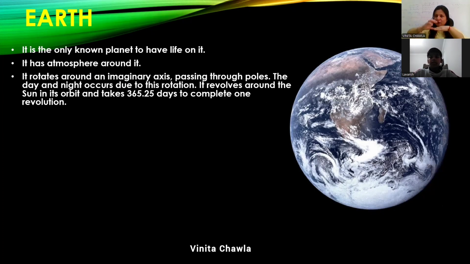And earth rotates about that axis, like this. So if we assume this as earth, so earth rotates like this. So what is the imaginary axis? This line is the imaginary axis of the earth. It's imaginary, it's not real. We just imagine it.